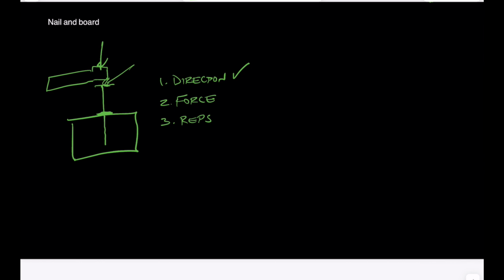If the nail were to stop moving, it goes part way, gets to here, and you keep hitting the nail and the nail's not going all the way back in the board, well, then we just need to cycle back to force and increase the force. You hit the nail just a little harder and you finish the job.